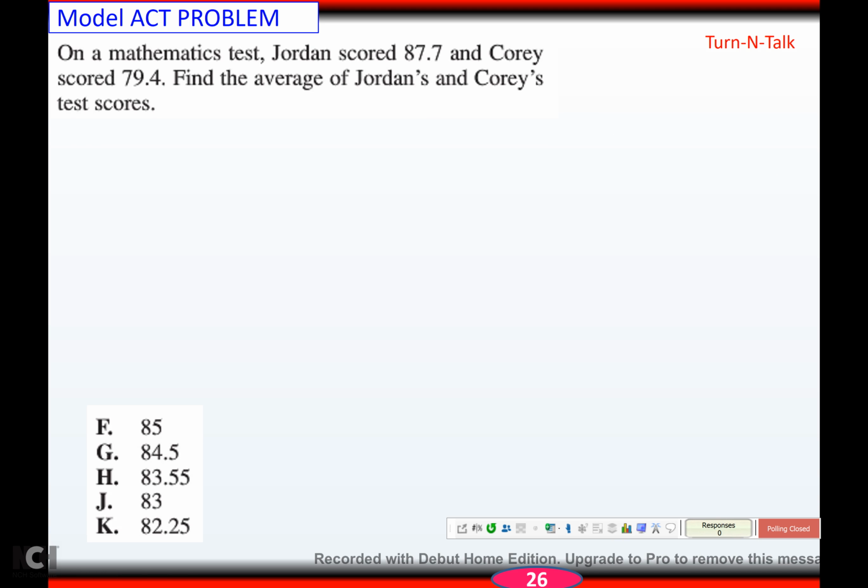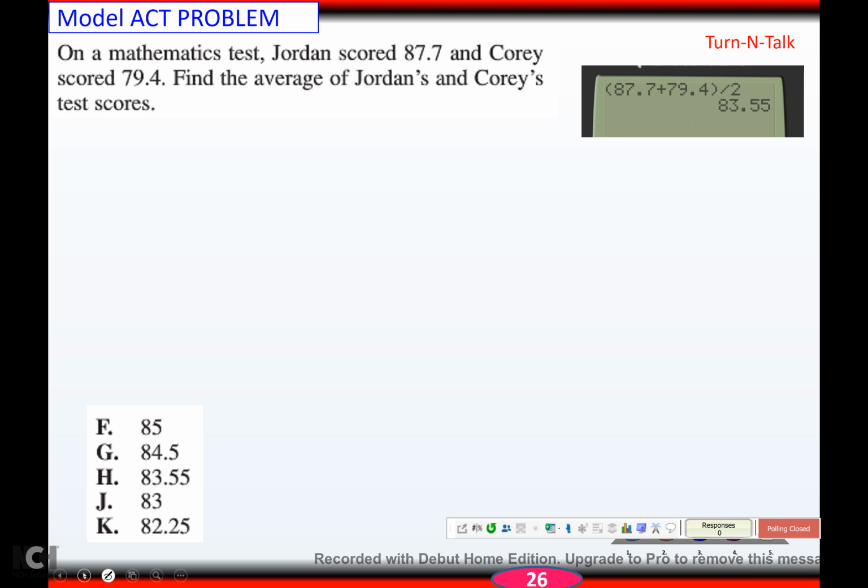Okay, try this one. Hit pause. Come back when you're ready. And this is when you're taking an average: you add them up and divide by 2. I will caution you, if you type 87.7 plus 79.4 divided by 2 without parentheses, you will get the wrong answer.